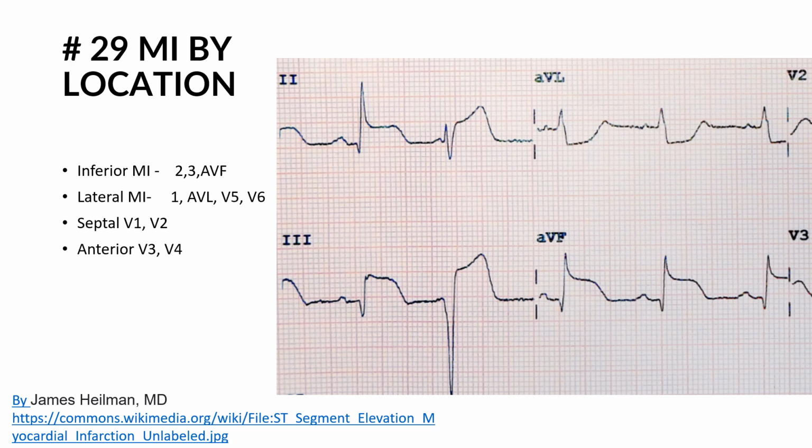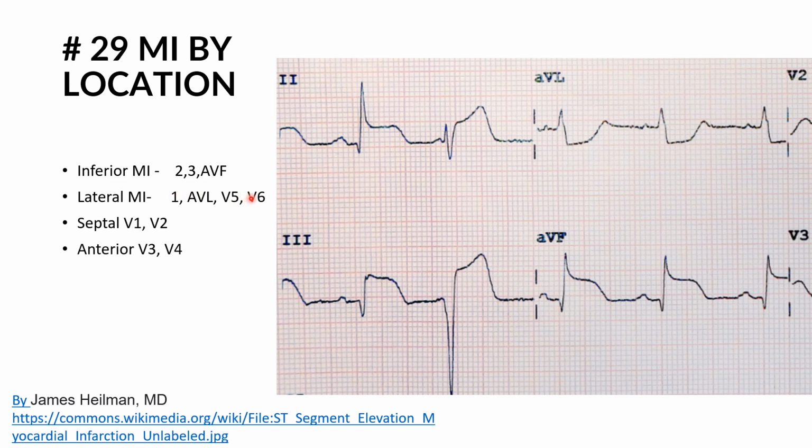Not all your EKG leads look at the same part of the heart. Leads 2, 3, and aVF look at the bottom part of the heart, the inferior wall. So if 2, 3, and aVF have this ST elevation, that is a heart attack. If 1, aVL, V5, V6 look like this, and 2 or more of them look like this, we're going to say that's a heart attack.